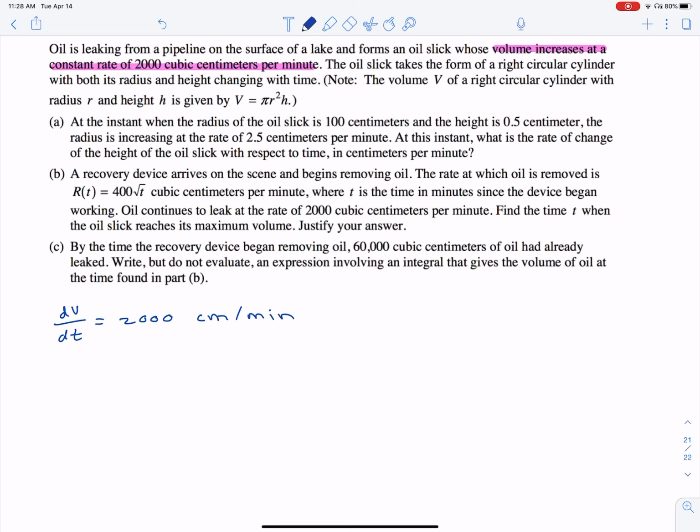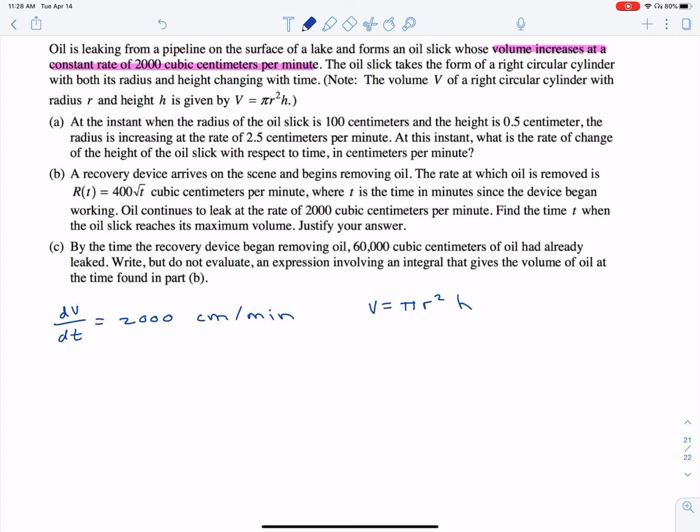I guess that's what an oil spill would look like. I learn something new every day. Note that the volume of a right cylinder with radius r is given by that formula. I'm just going to write it down because I'll need it quite a bit: V equals pi r squared times h.